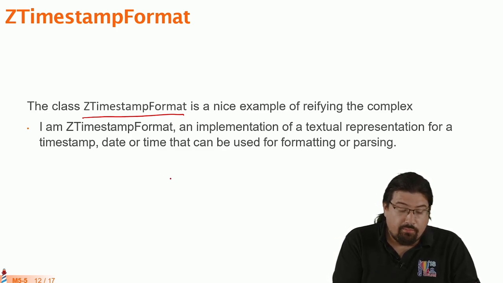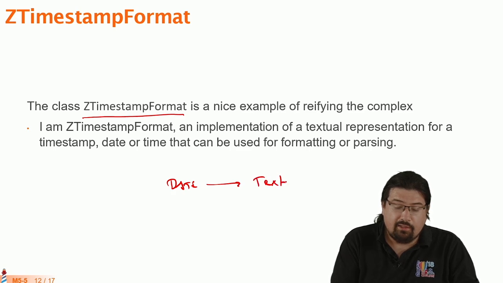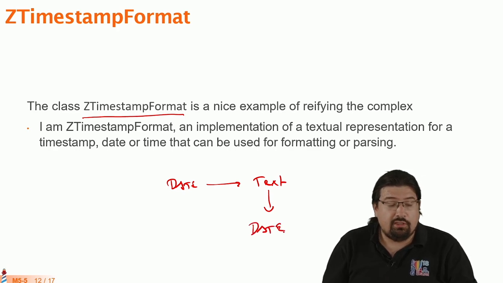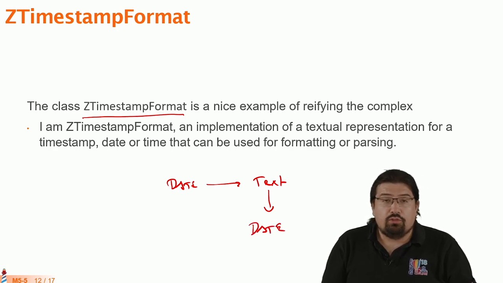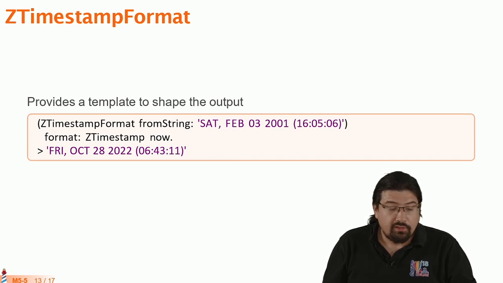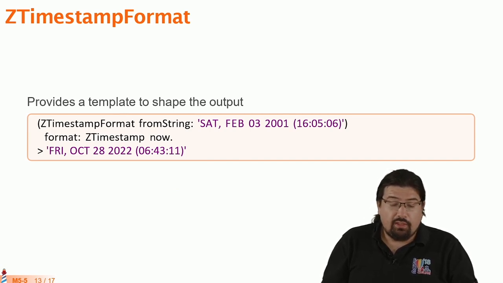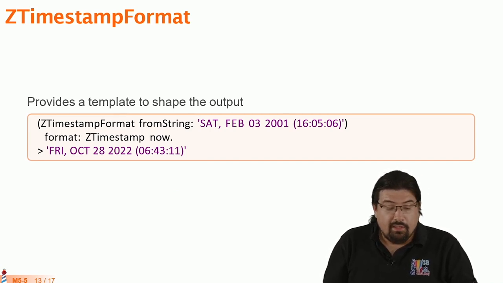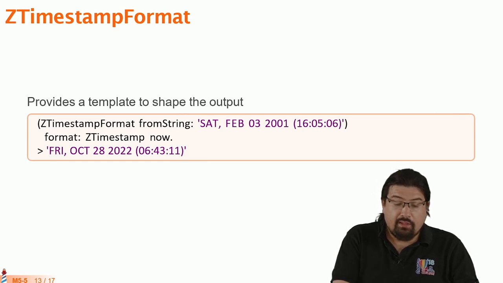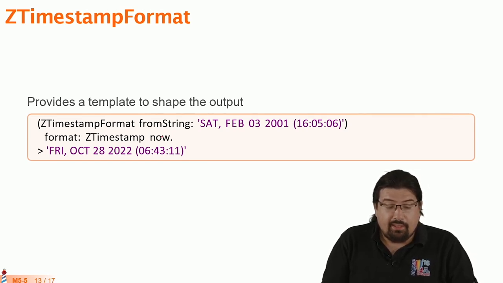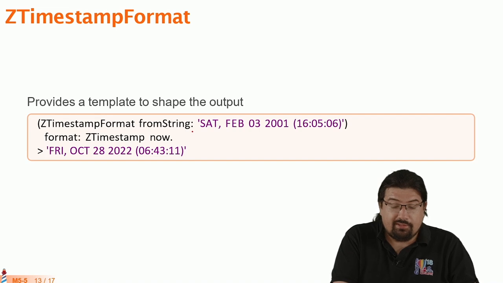So from a date or a timestamp, we can get the text representation in different formats, and from this text representation, we can also parse using the same object, using the same configuration, a given string. So in this case, we can see that we can take the timestamp and read it from a string.